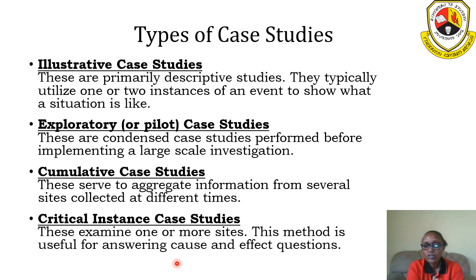If you decide to study the phenomenon of e-learning, you have one critical case maybe in a university, the other in a secondary school, the other maybe in a primary school, or you may decide to pick one case which is rural and the other which is urban, one endowed with resources and the other with limited resources.